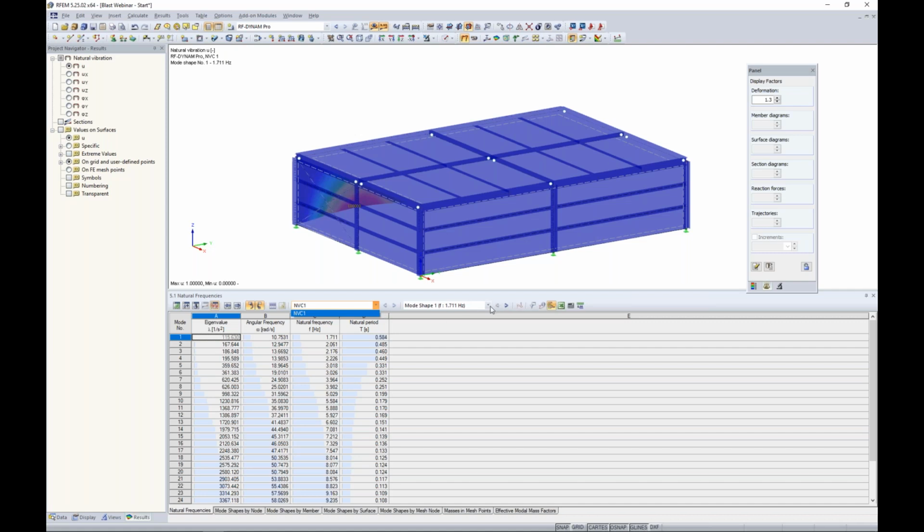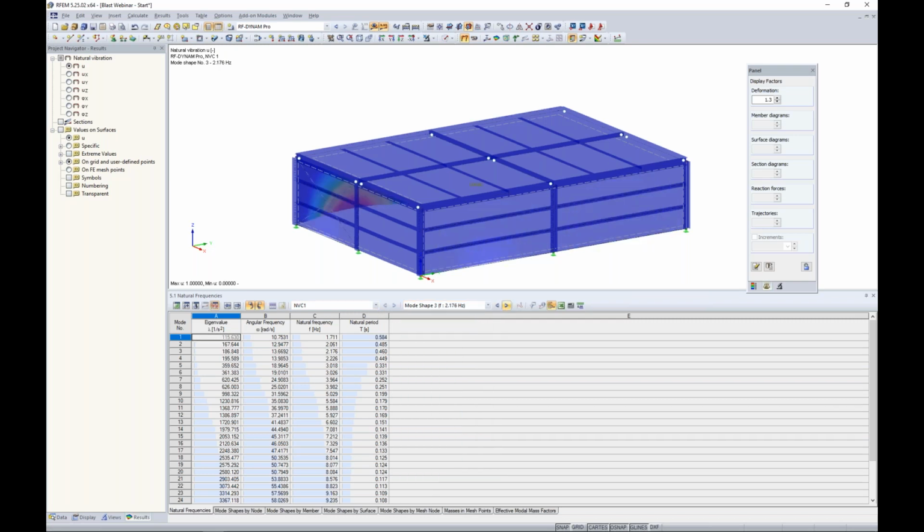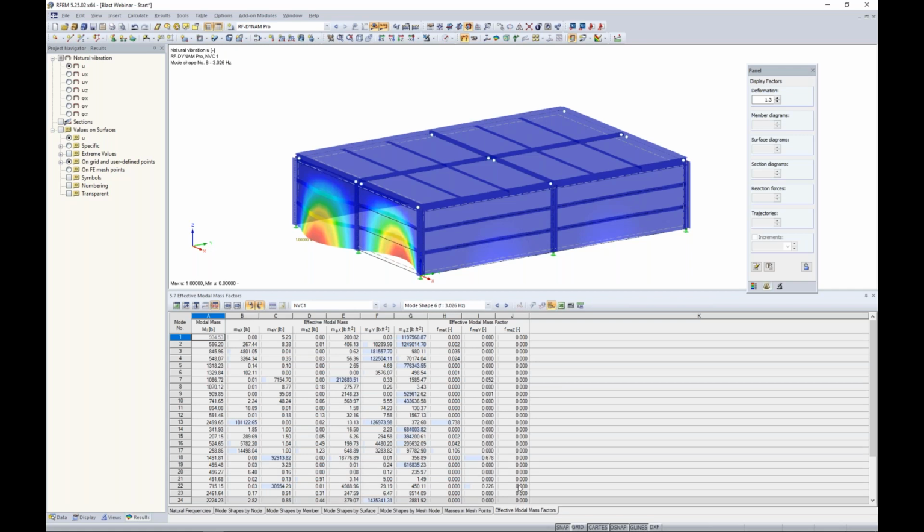That's all that we've solved for. But right next to us are all of the 30 mode shapes that we told the program to solve for. So we can scroll through these different mode shapes just to see how the structure is responding under the given frequencies. Now, I always recommend to immediately jump to this effective modal mass factors tab.